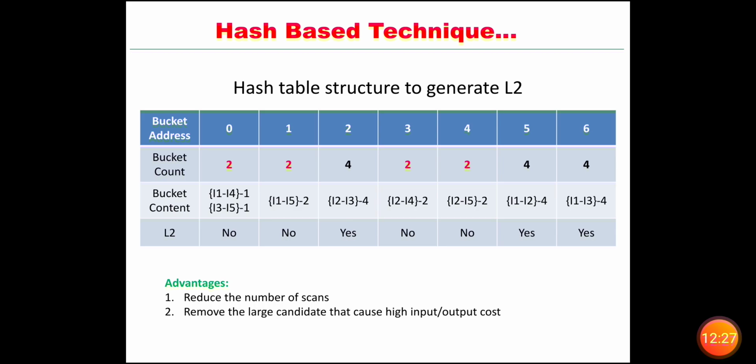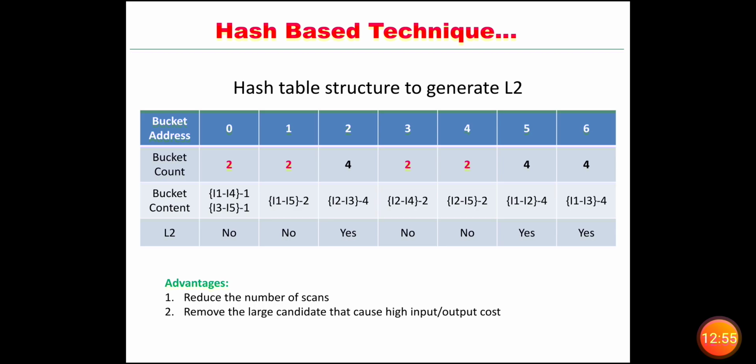For bucket 0 the count is 2, bucket 1 count 2, bucket 2 count 4, bucket 3 count 2, bucket 4 count 2, bucket 5 count 4, and bucket 6 count 4. The corresponding bucket content we also have to find, which is taken from the hash function table.